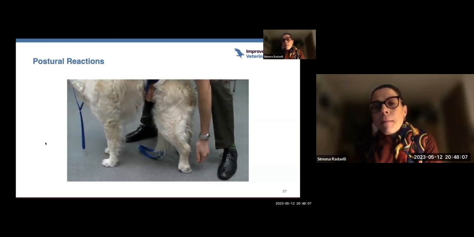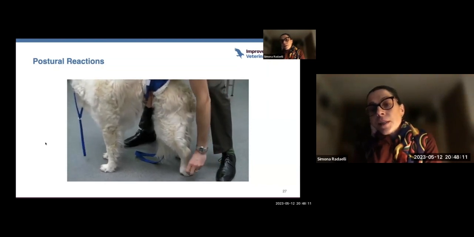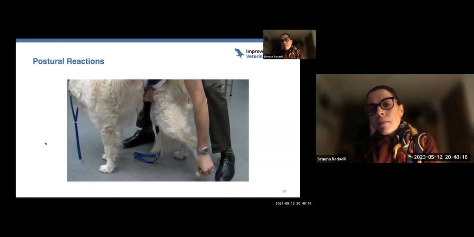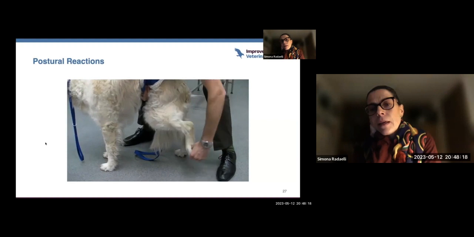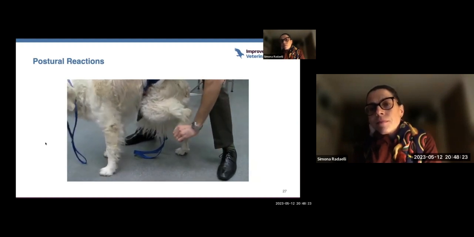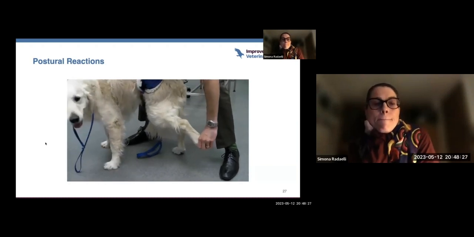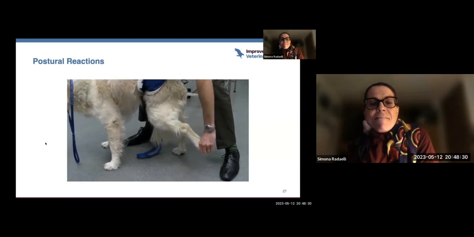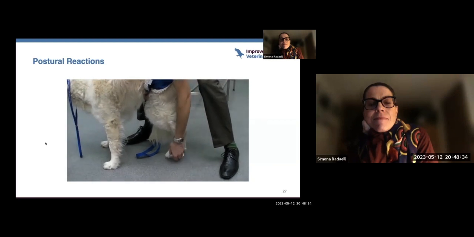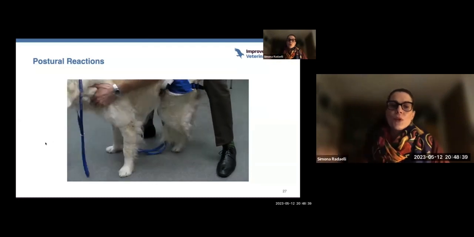Left hind limb, totally absent paw placement. So there is an asymmetry between the right and the left side. And actually, it's quite reduced withdrawal. So we have a left hind limb monoparesis. And he's feeling his paw, which is good.